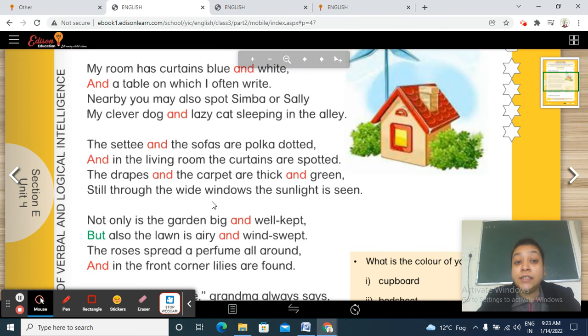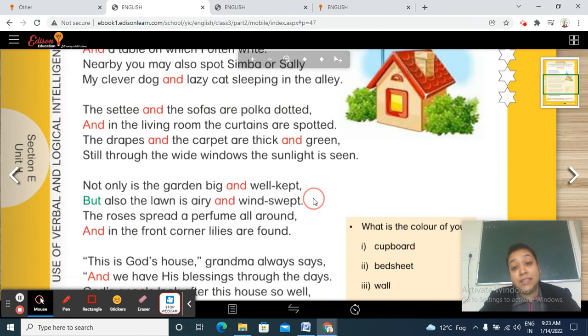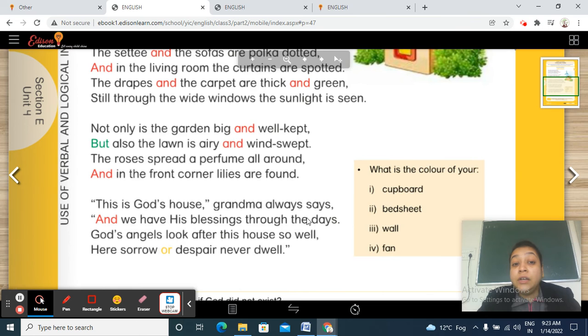The settee and the sofas are polka dotted, and in the living room, the curtains are spotted. The drapes and the carpets are thick and green. Still, through the wide window, the sunlight is seen. Not only in the garden, big and well kept, but also the lawn is airy and wind swept.